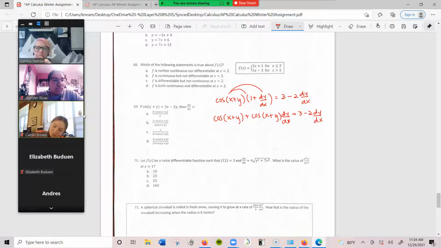I like to keep my dy dx's, if I can, on the left side. So I'm going to leave this one here, and I'm going to subtract this cosine of x plus y over to the other side.